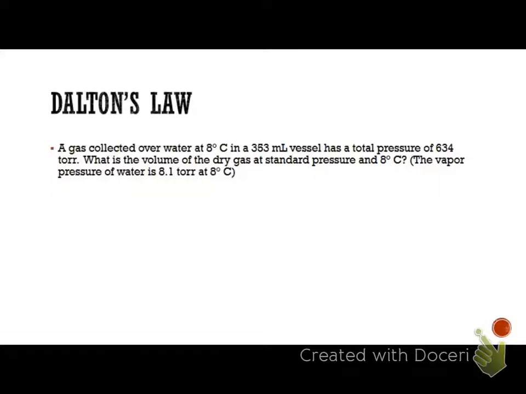Let's see if we can do this pretty straightforwardly. This one says a gas collected over water at 8 degrees Celsius in a 350 milliliter vessel has a total pressure of 634 torr. What is the volume of the dry gas at standard pressure and 8 degrees Celsius?